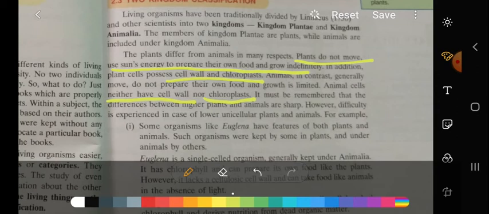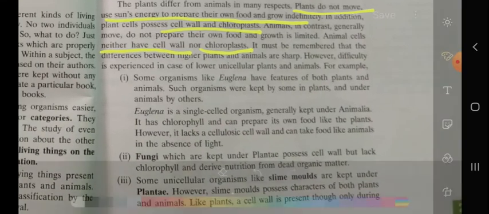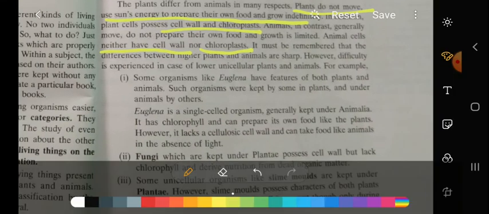Okay, some organisms like Euglena have features of both plants and animals. Now this Euglena has a feature of both plants and animals. Such organisms were kept by some in plants and under animals by others.